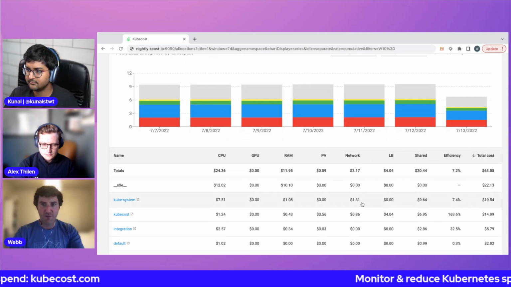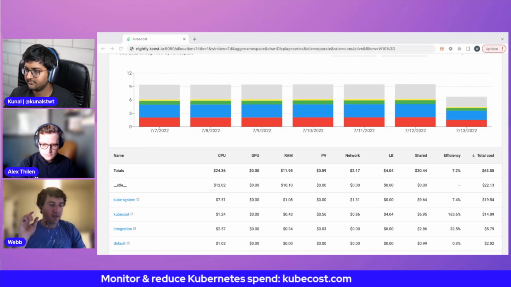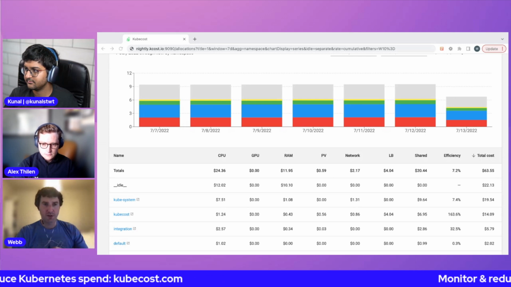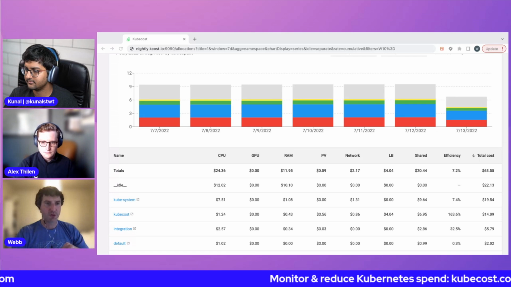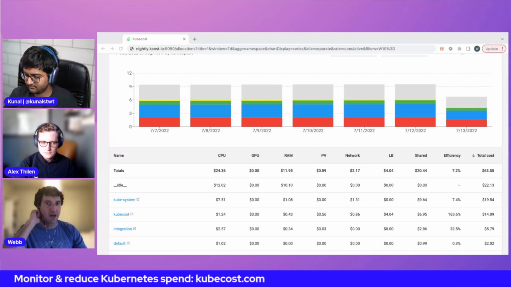So first, if we just look at the efficiency of these individual namespaces, we will see that this is a measurement of all of the resources that are being consumed or requested by this particular namespace, and then the actual utilization of those weighted by dollars, right?